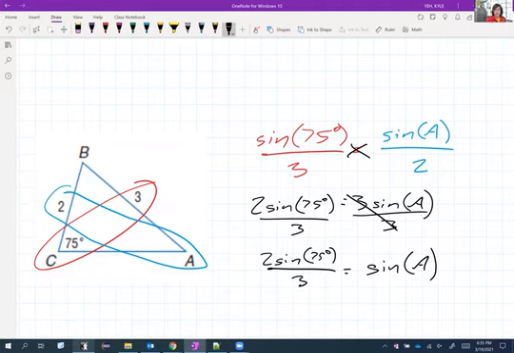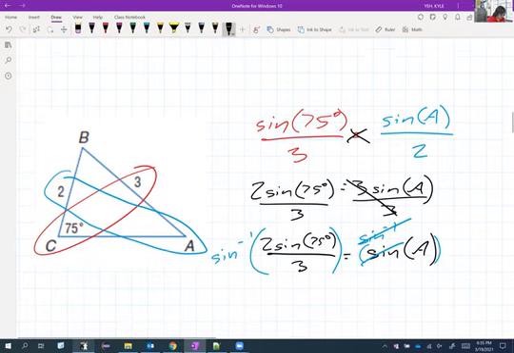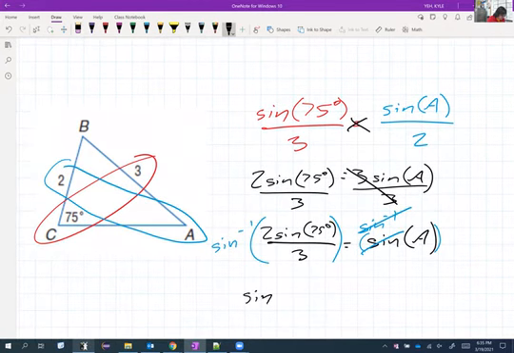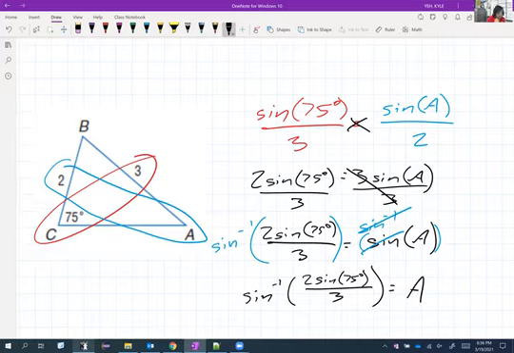How do we undo a sine? The answer? Inverse sine. We're going to apply that inverse sine to both sides because inverse sine and sine undo each other, cancel each other out. Now we have inverse sine of 2 sine 75 degrees over 3 equals A.